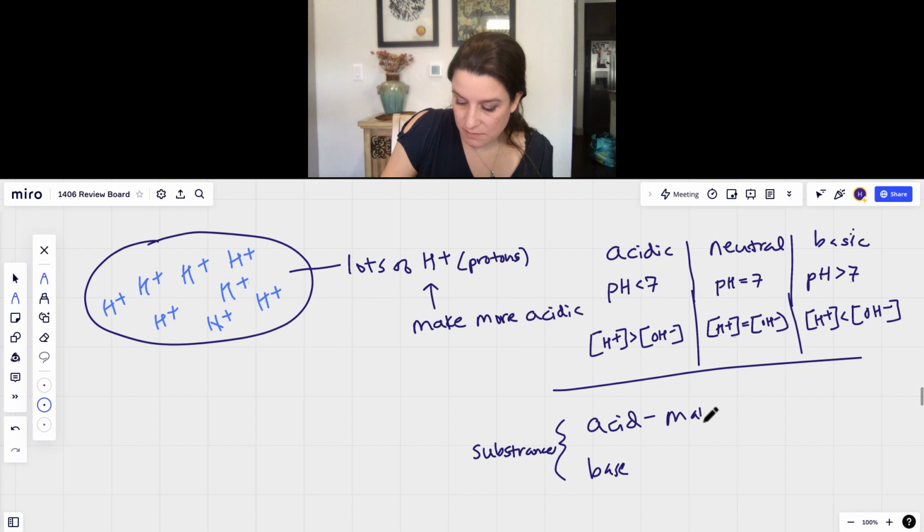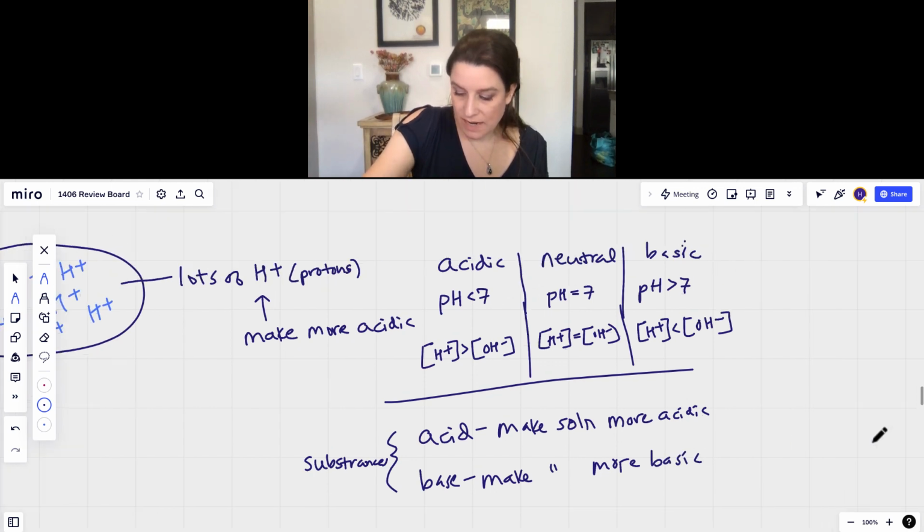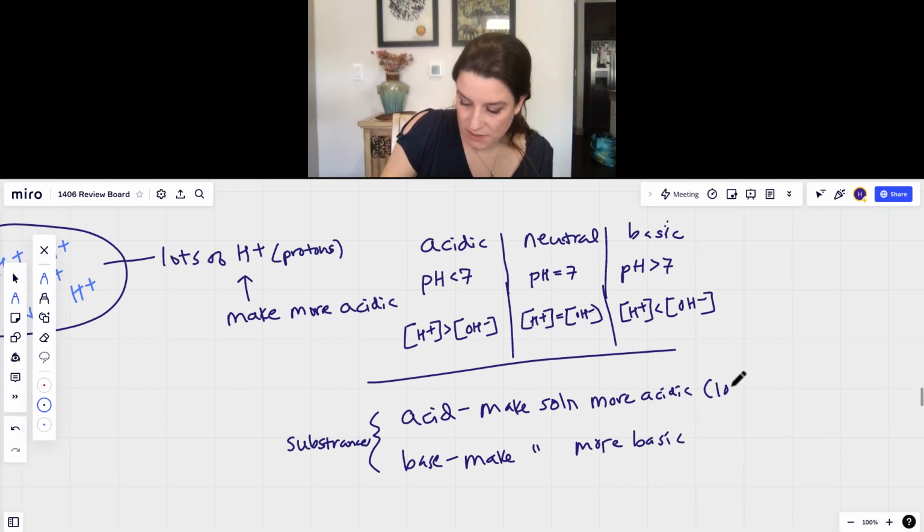An acid makes a solution more acidic, not necessarily acidic, but more acidic than it was. A base makes the solution more basic. So an acid is going to lower the pH, that makes it more acidic. A base is going to raise the pH, meaning it's getting more basic.